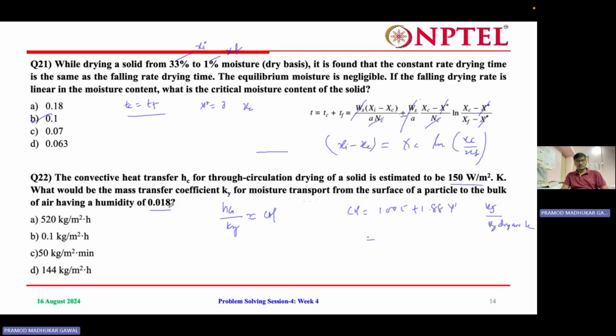Here your humidity is given, so just put it in and you will get the value of CH, 1.03884, with unit kilojoule per kg dry air Kelvin. Using this relation, Ky is equal to 520, and the unit is kg per meter square per hour. This option is right.